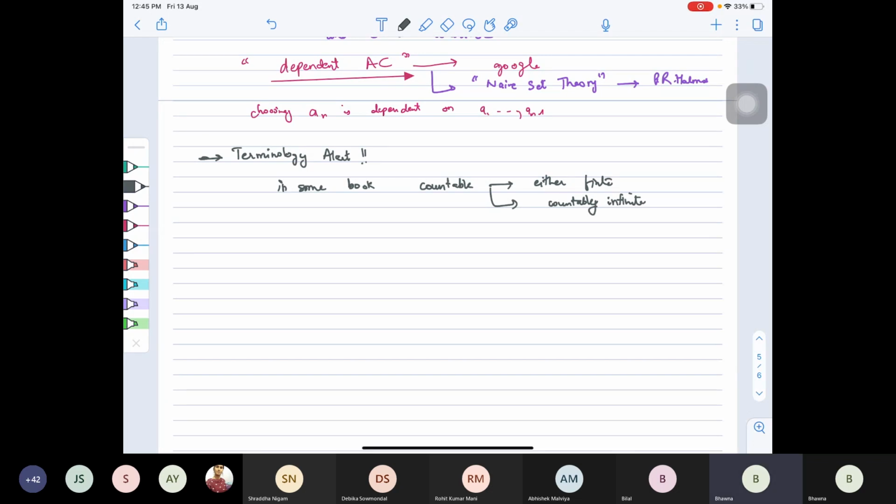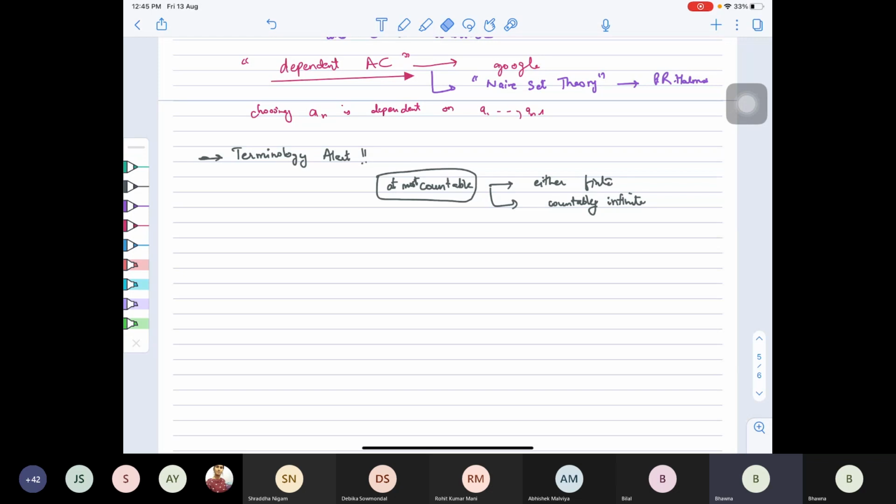To deal with such notations, we can just say at most countable. If I say at most countable, that means it is either finite or countably infinite. It's just a notation, I don't think it should be confused.